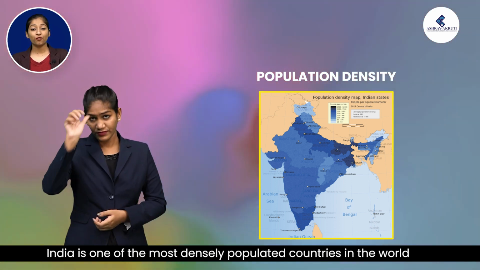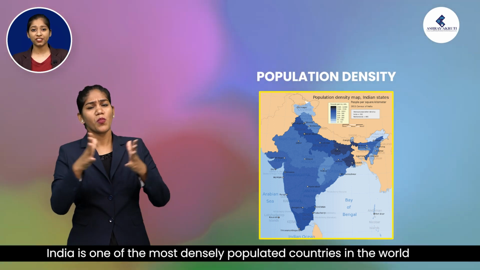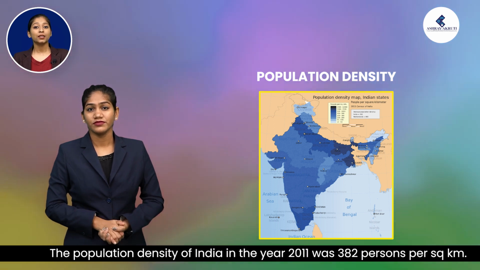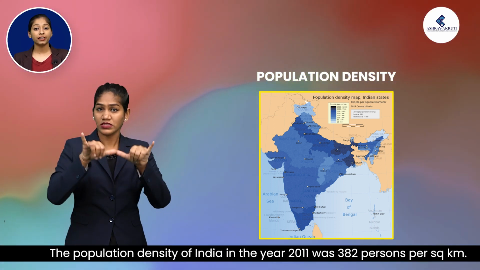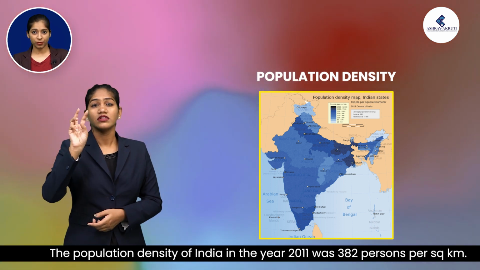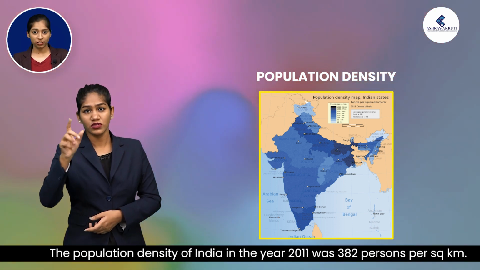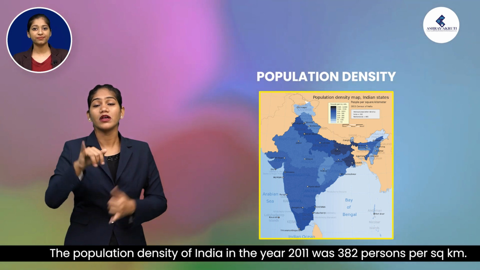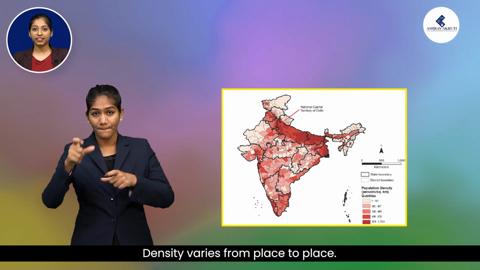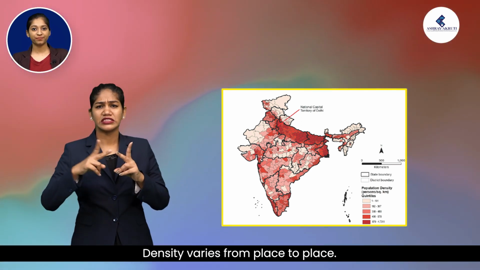India is one of the most densely populated countries in the world. The population density of India in the year 2001 was 382 persons per square kilometer. Density varies from place to place.